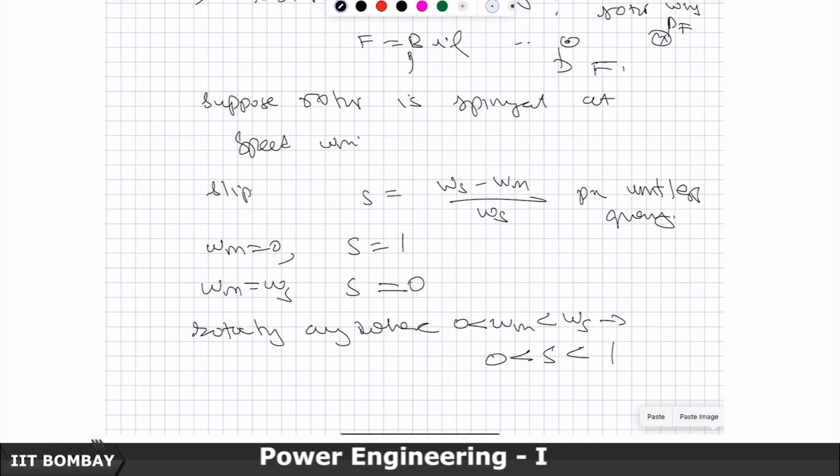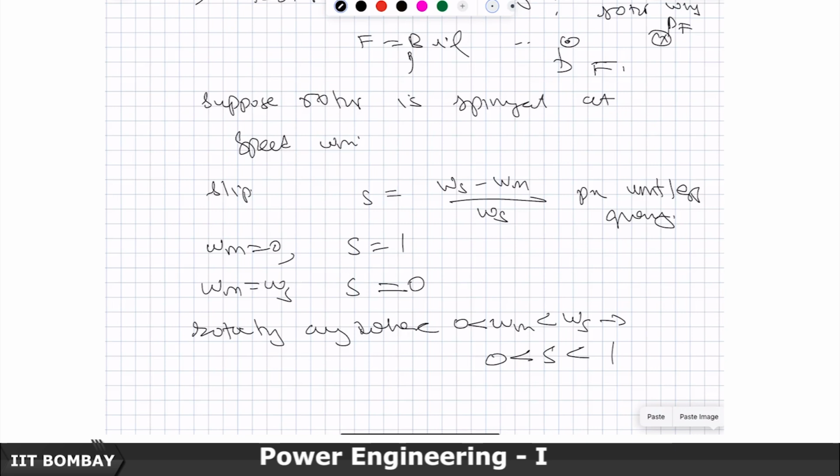If it is a motor, it will at most come to the synchronous speed, right, because when it comes to the synchronous speed, it will catch up with the stator rotating field.